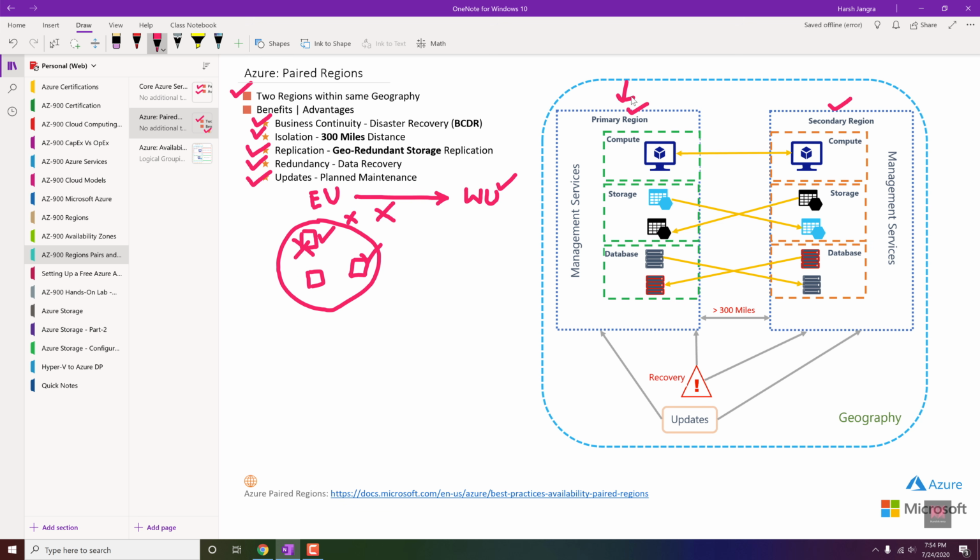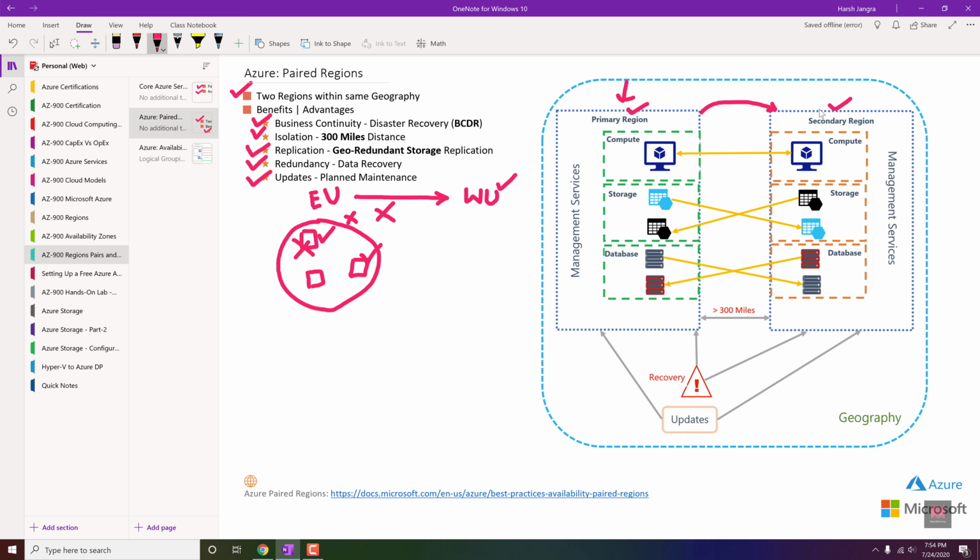And during this time, it can choose the high availability option. I think you have heard of active passive or active active high availability situations. So basically in that scenario, it can logically transfer all the workload to the paired region or the secondary region, and you won't even know that anything went wrong in the primary region, because the planned maintenance is going on and it has some trouble during the deployment. So that's how the paired region can help us in these situations.